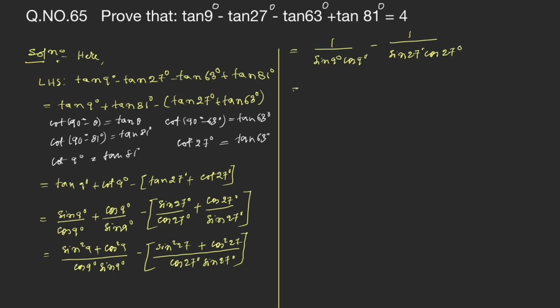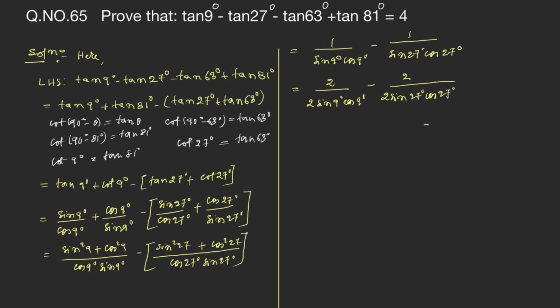So we multiply to both numerator and denominator. Then this is 2 divided by 2 sin 9 degree cos 9 degree. Similarly, 2 divided by 2 sin 27 degree cos 27 degree.